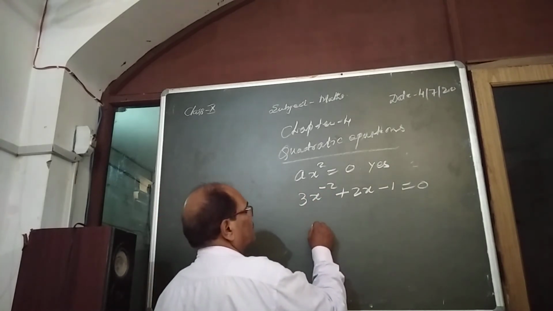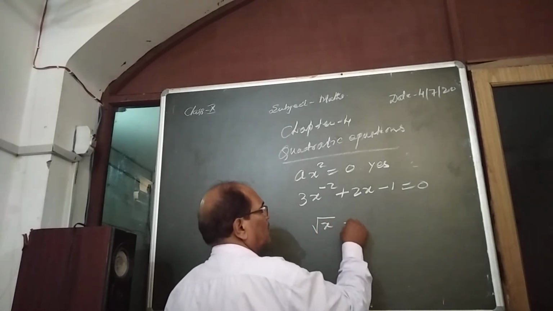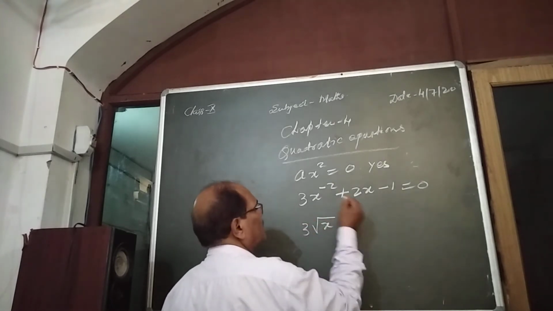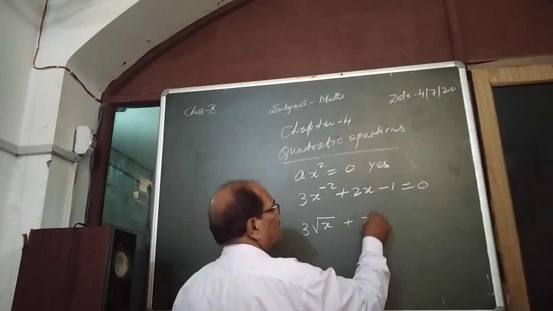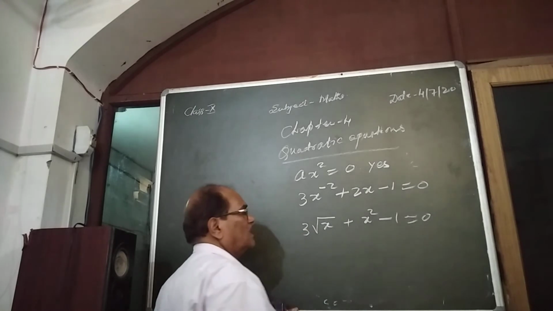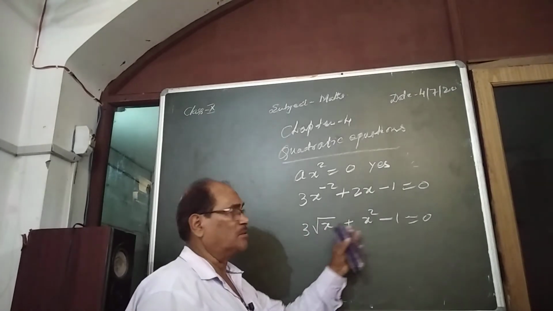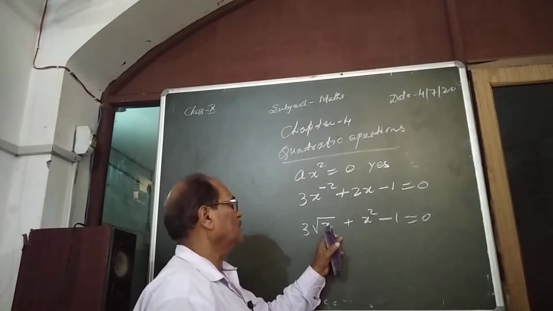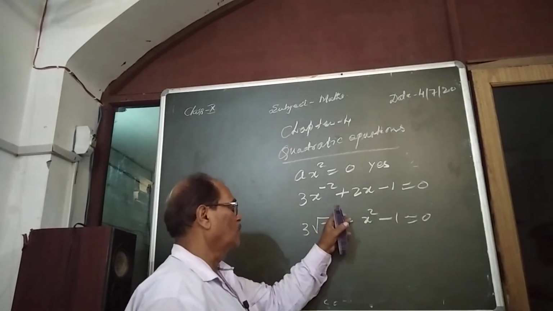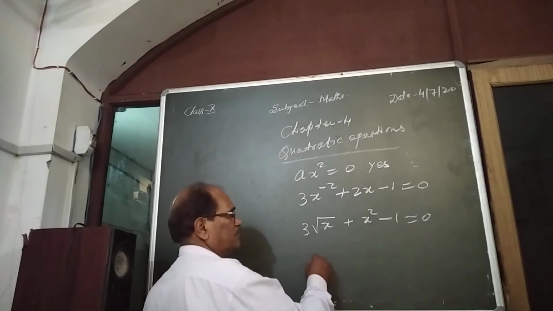Suppose you write here root x plus 3 root x, x square minus 1 equal to 0. It is also not a quadratic equation because it is not a polynomial. This x you can write to the power 1 by 2. This is not a quadratic equation.